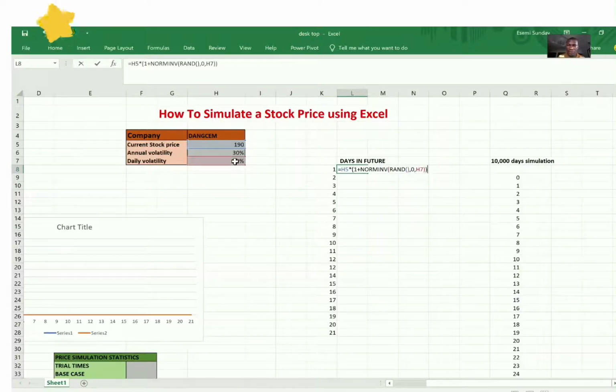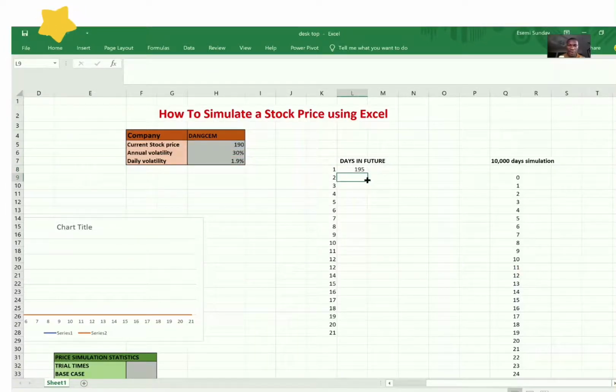All right, that will be just enough to give us the price for the next day. So the next day price will be 195.